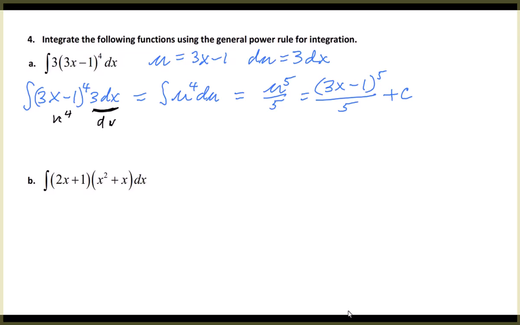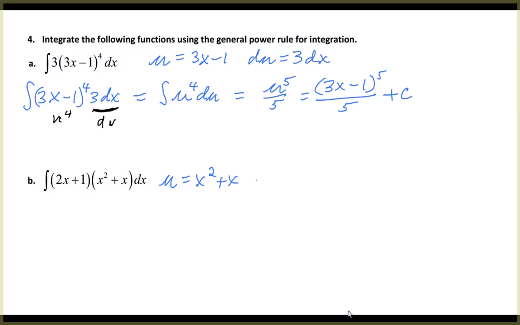Let's look at B. Yeah, I feel the love in the room. What would you say U is? It's x squared plus x. Oh yeah, it's the most complicated thing. That's a good guideline. So, if that's U, what's du?